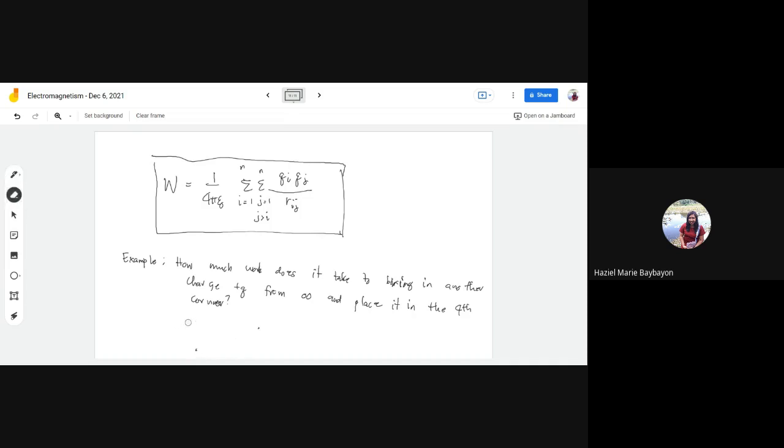Okay, so this is the configuration, class.